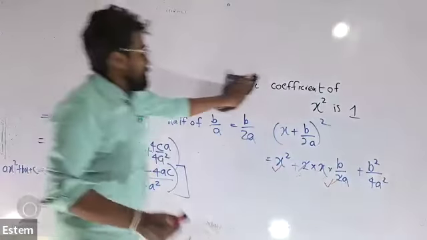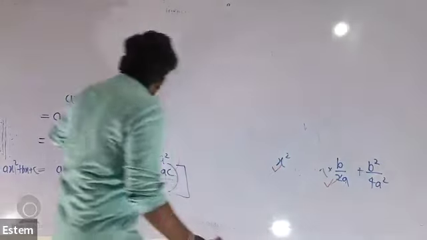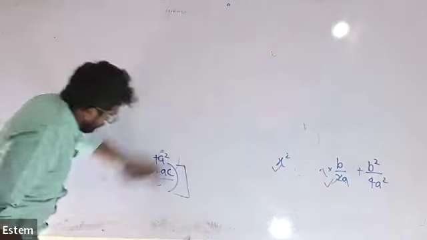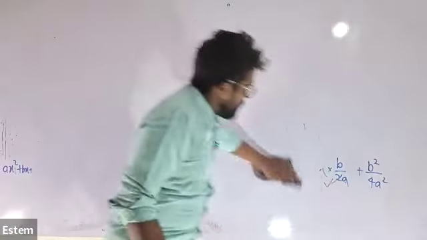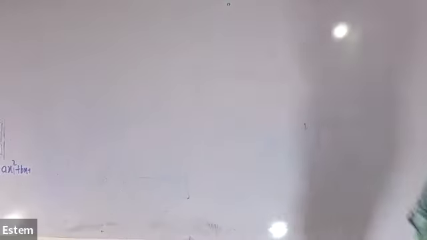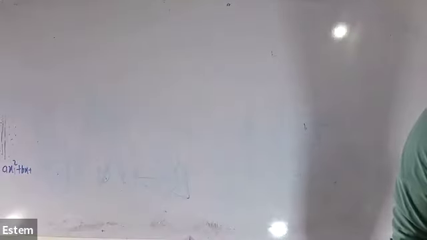Okay, this is the completing square method. Now examples for the completing square method.